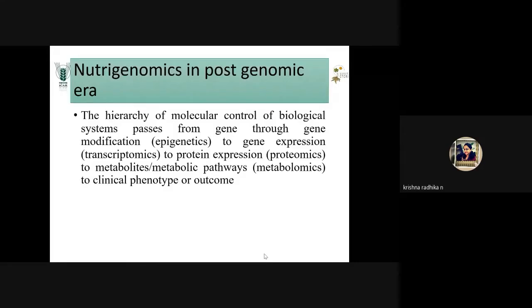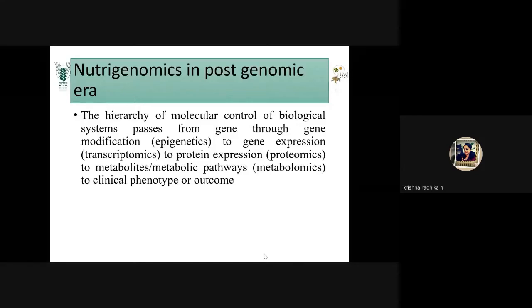The hierarchy of molecular control of biological systems passes from gene through gene modification, that is epigenetics, to gene expression, that is transcriptomics, to protein expression, that is proteomics, to metabolites, and that is metabolomics.